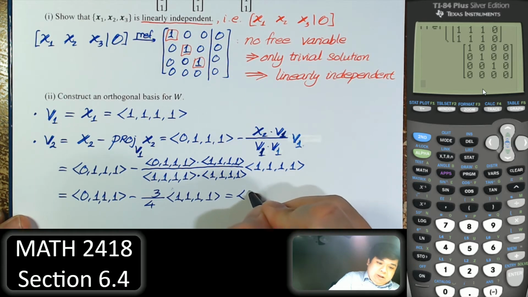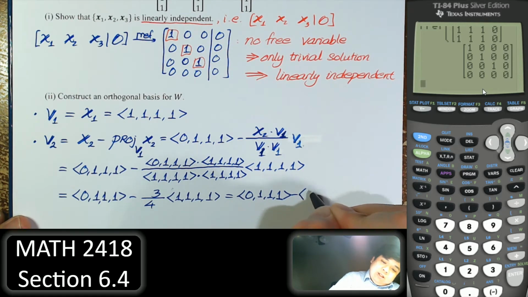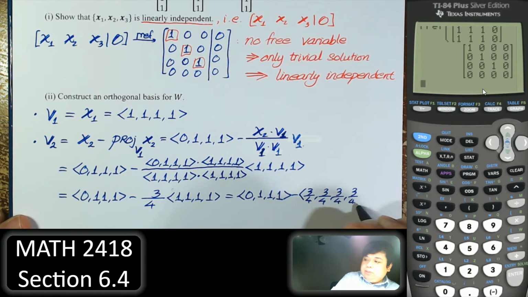So we have 0 1 1 1, subtract 3/4 3/4 3/4 and 3/4.